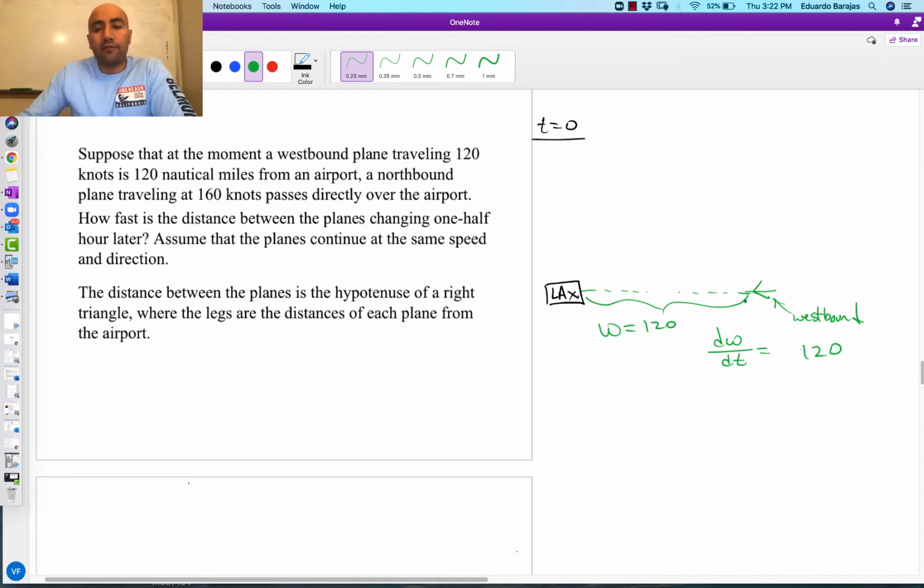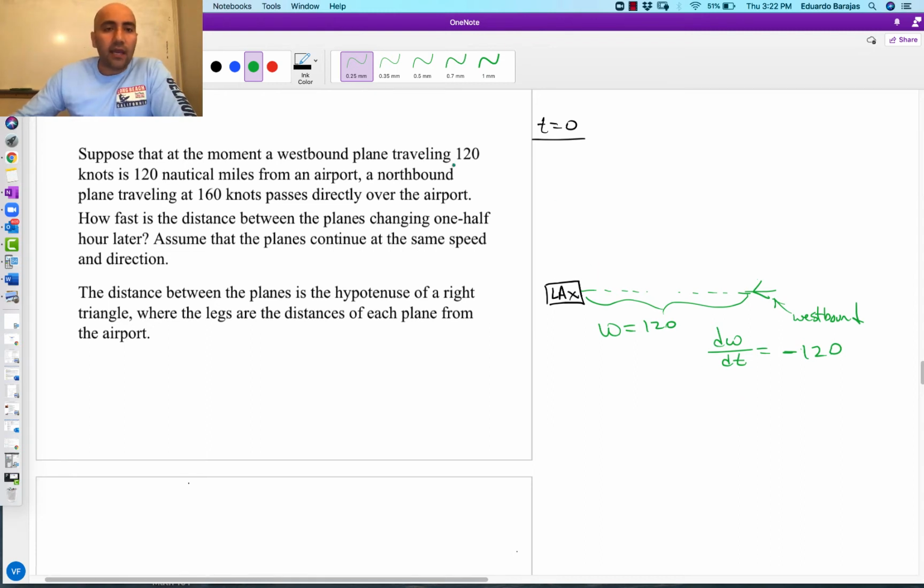However, we have to be careful about signs. As time goes on, this airplane is going to be getting closer and closer to LAX. Therefore, the distance W is going to be getting smaller and smaller. It's decreasing. As time goes by, that variable is going to get smaller, which means that this derivative has to be negative. Okay.